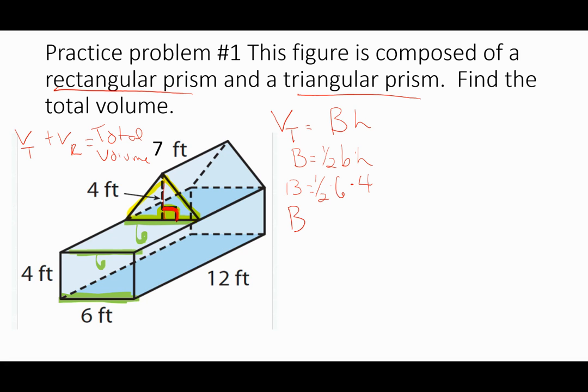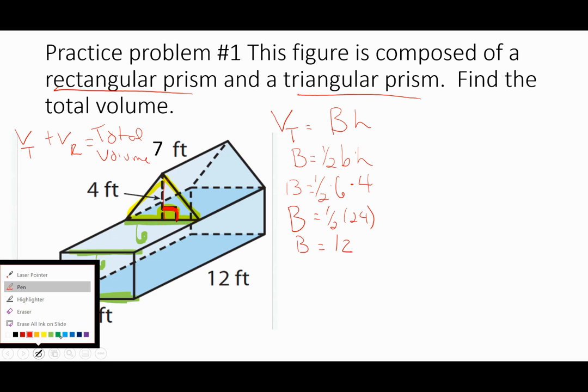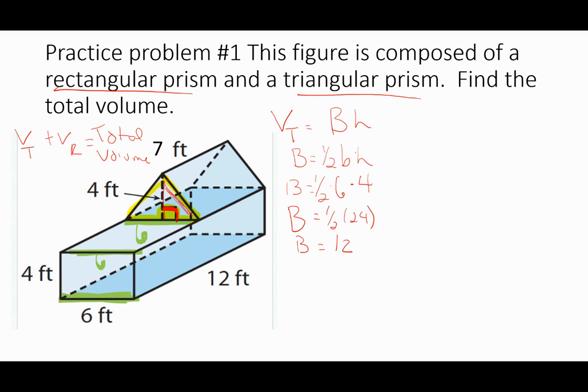So the area of our prism bottom is going to be 1/2 of 24, and that gives us 12. So that's this figure right here. We found the area of that.